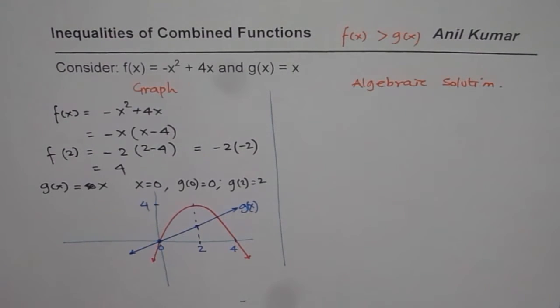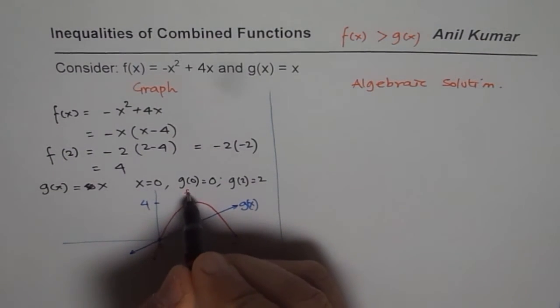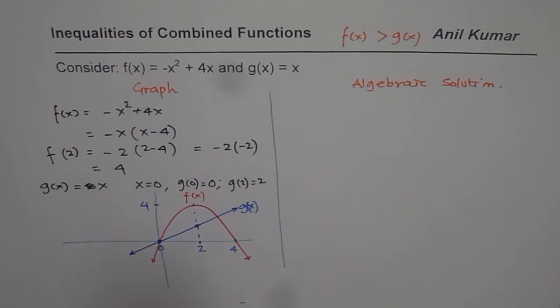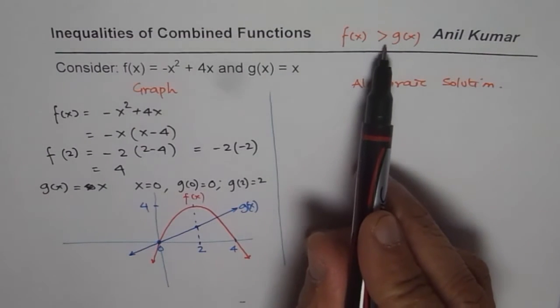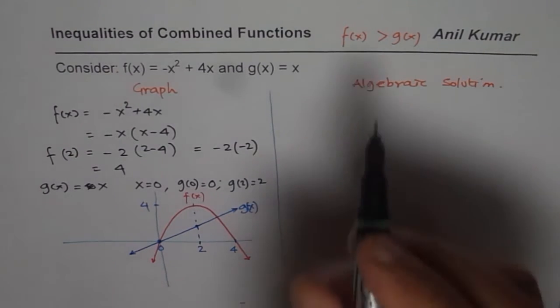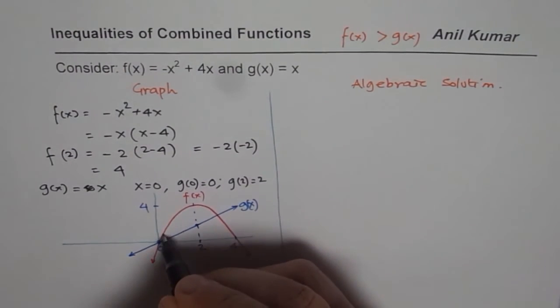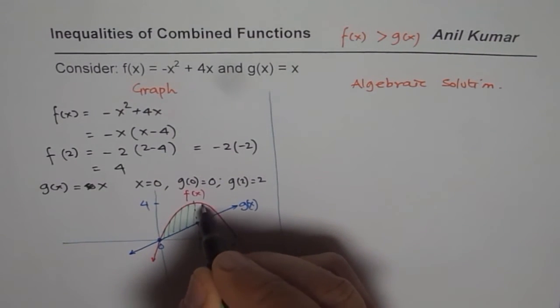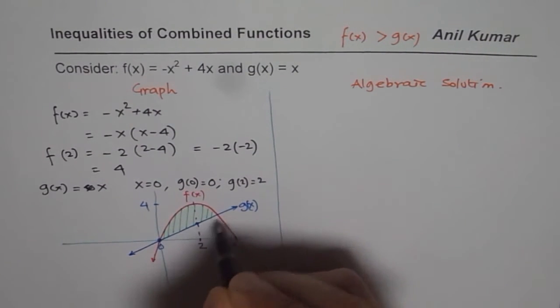Right, so we have both the functions on the same graph, a parabola opening downwards, and the straight line going through the origin. Now the question is, f of x is greater than g of x. What is that region during which f of x is greater than g of x? It is this region, where the parabola has higher values than the line.